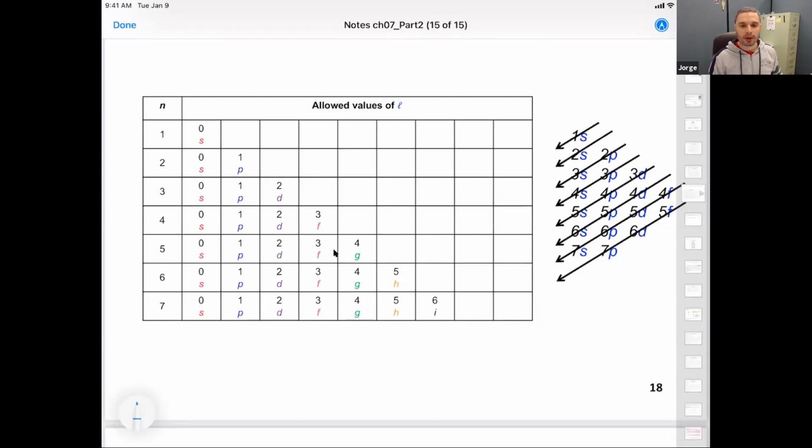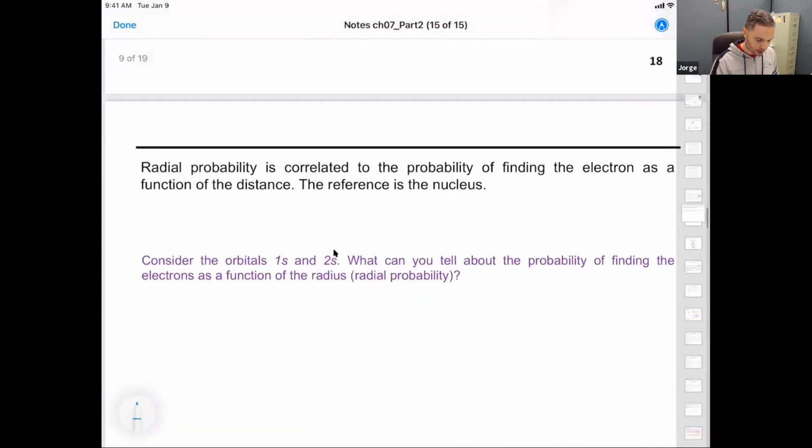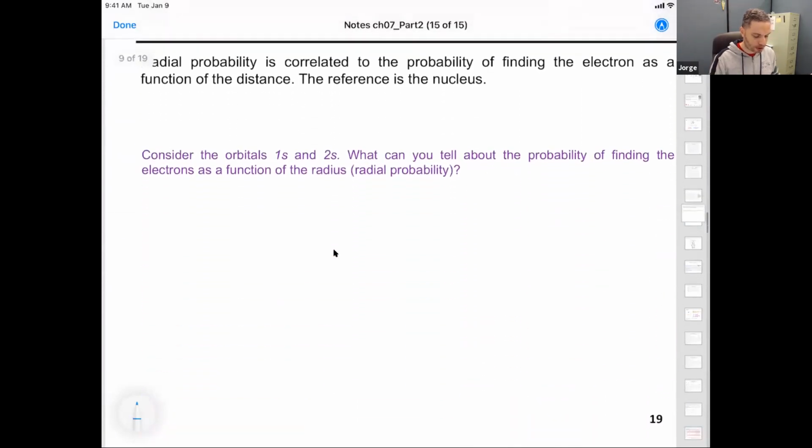Before we move on to the second part of the wave function, I would like to talk a little bit about radial probability. The radial probability is correlated to the probability of finding the electron as a function of the distance. Our reference is always going to be the nucleus.